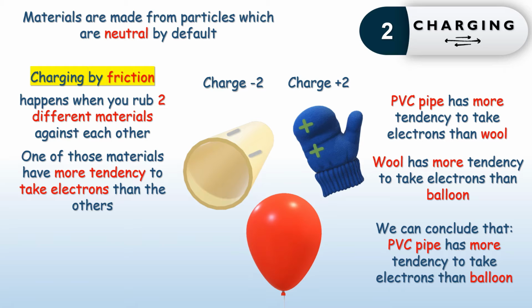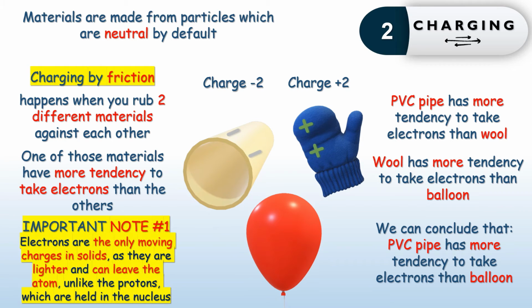It's very important to note in those examples we demonstrated, only electrons are the charges that are able to move in solids. This is because they are lighter, they have much lower mass and can exit the atom, unlike the protons which are held deep in the atom within the nucleus at the center of it. So to generate a positive charge, you need to remove electrons.